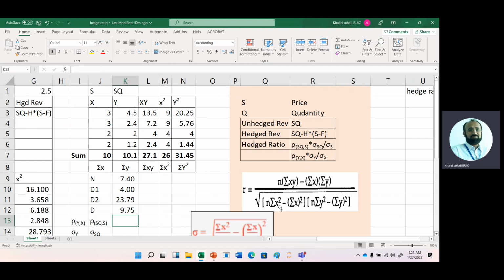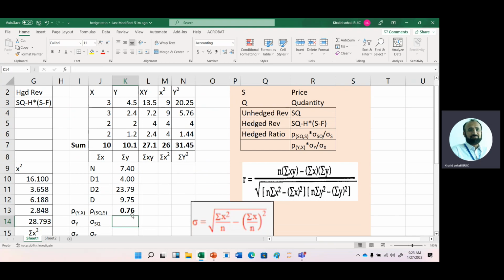Now, to get rho, which means the correlation between y and x, or correlation between S and SQ, divide the numerator that we have calculated in the first step by the denominator. So 0.76 is the correlation coefficient between these two.